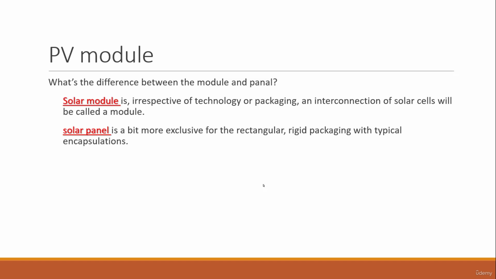So we can say every solar panel is a solar module, but not every solar module is called a solar panel. So we can also say the thin film is a solar module, but not a solar panel. On the other hand, the monocrystalline and polycrystalline are solar panels and solar modules.